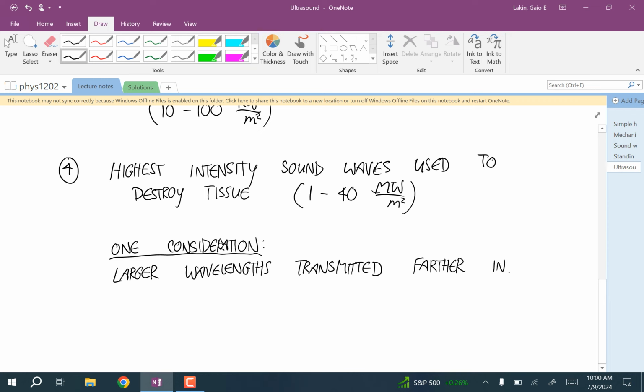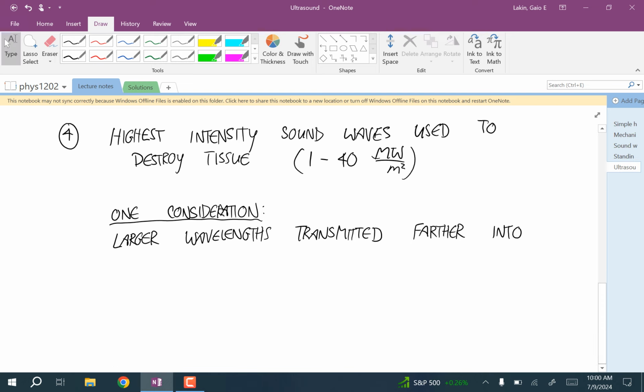For example, that's why whales' sounds in the ocean are very low frequency. That's because that allows them to transmit a lot farther in the ocean.